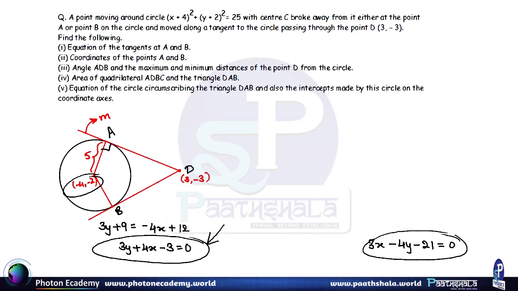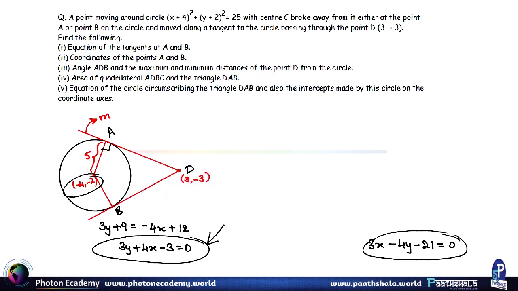Now for the second part of the problem, we have to find out coordinates of the points A and B. So we know the formula of the foot of perpendicular from some specific point to a given line. If you don't know, I'll just write it down.